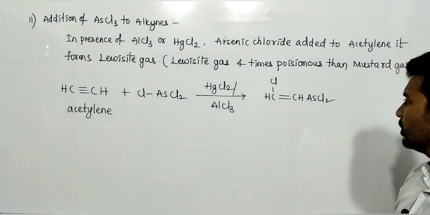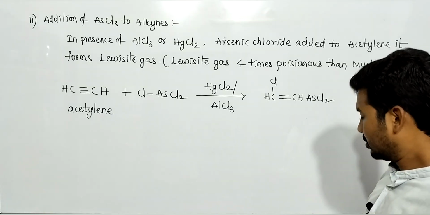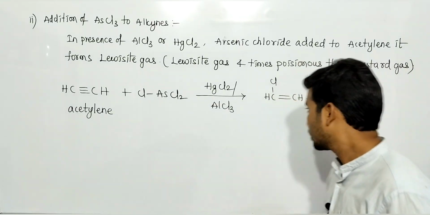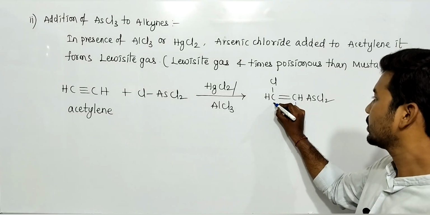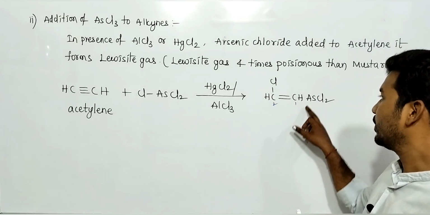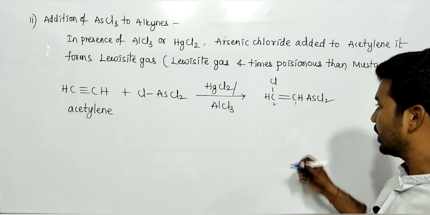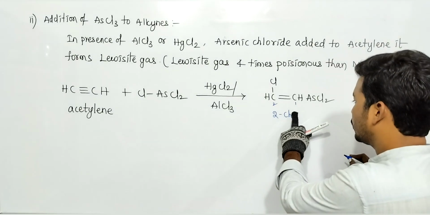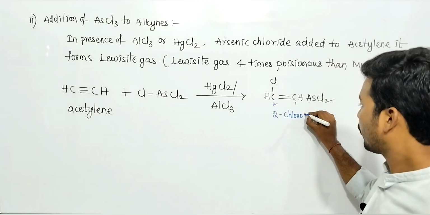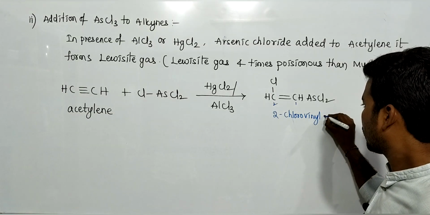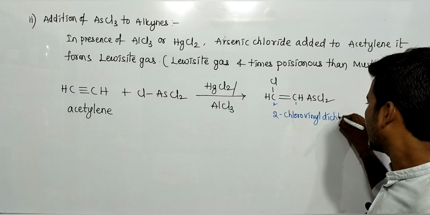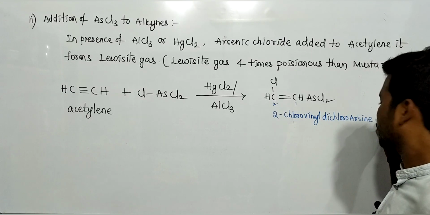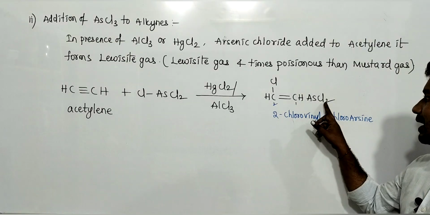and here AsCl2. What is its name? So here arsenic chloride. Here this is first carbon, this is second carbon. This group is called 2-chlorovinyl. 2-chlorovinyl dichloroarsine.